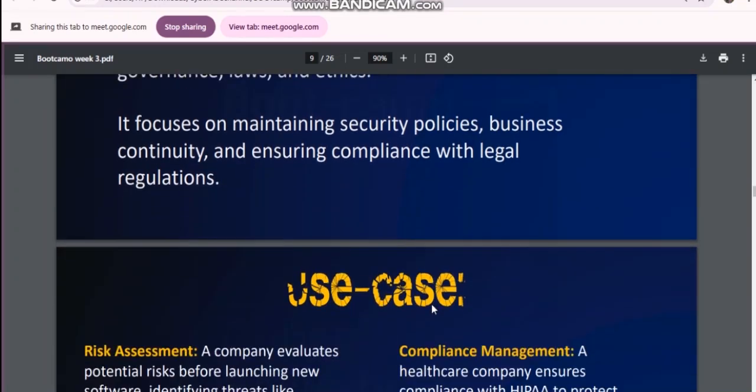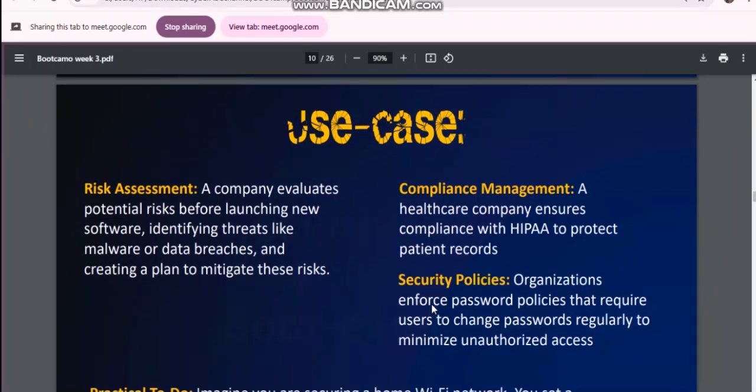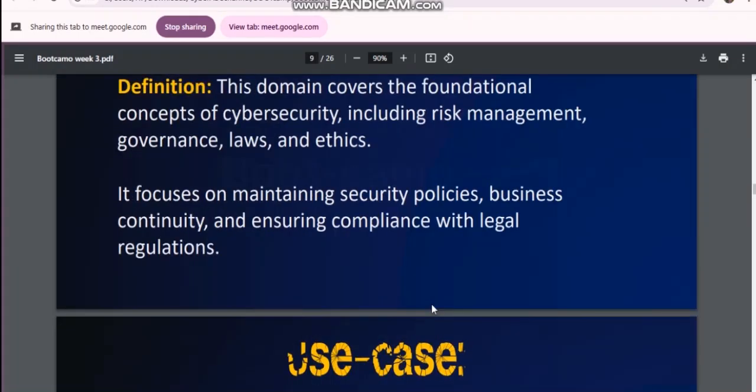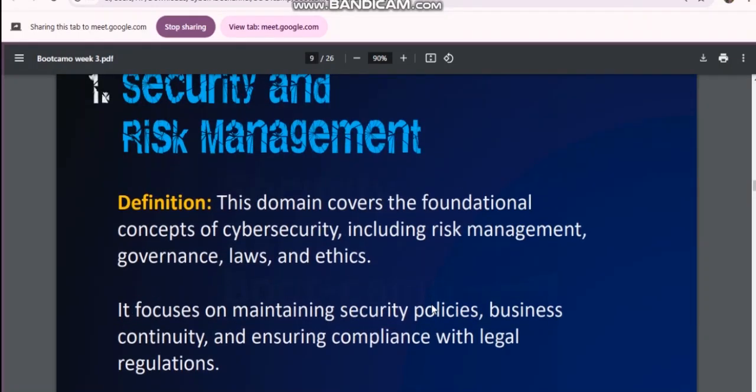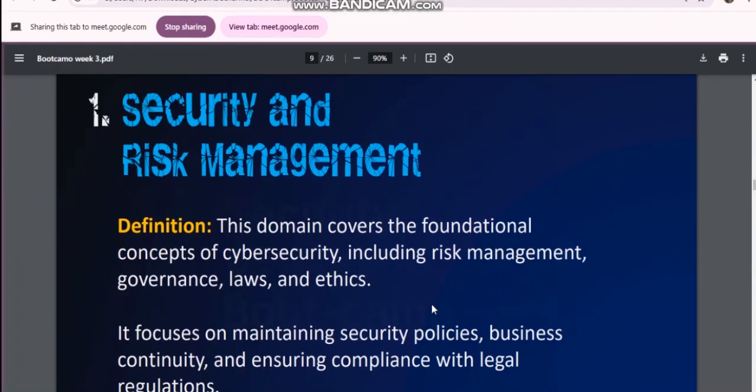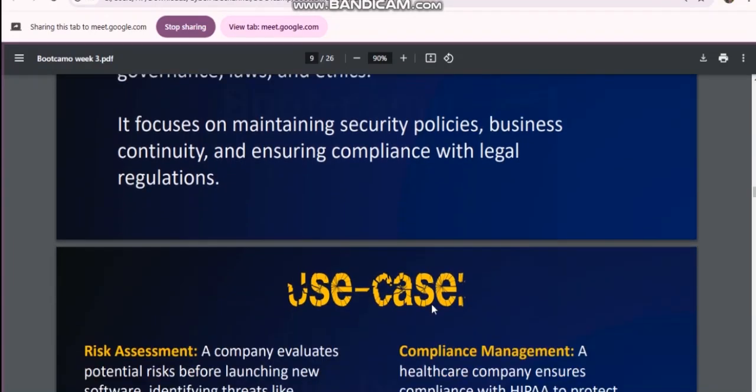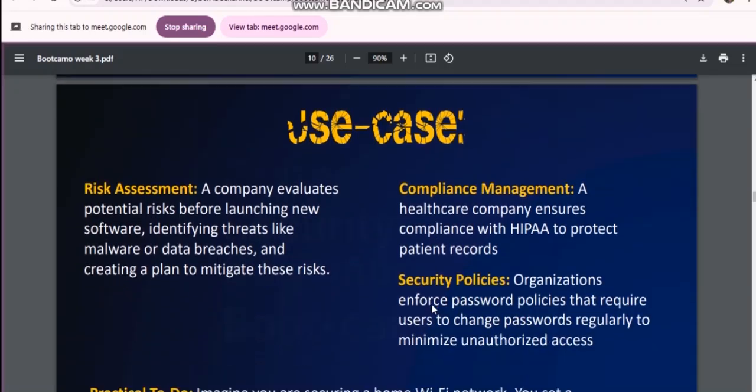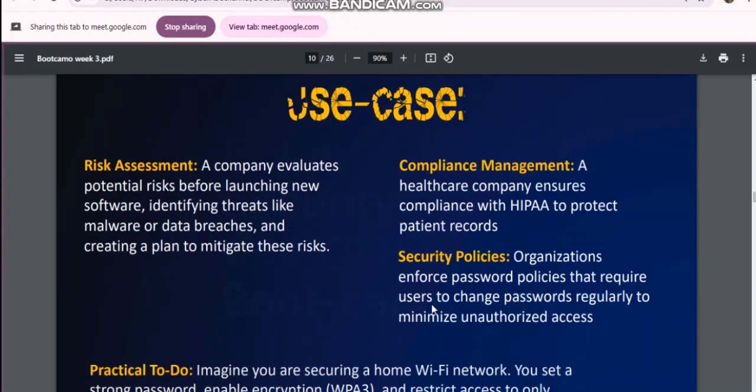Then the use case. What we're doing is we'll look at the general overview of the domain, the first domain being security and risk management, then we'll look at its use case. Risk assessment: a company evaluates potential risk before launching new software, identifying threats like malware or data breach, and creating a plan to mitigate these risks.